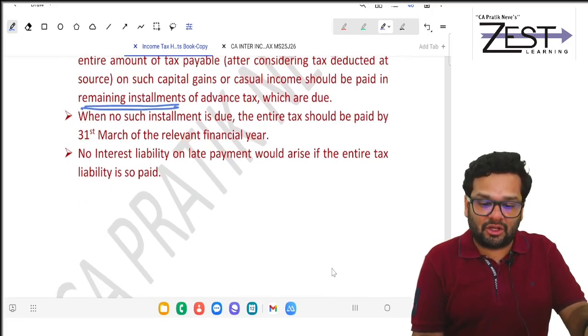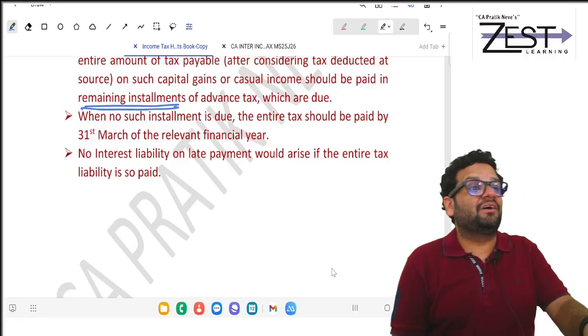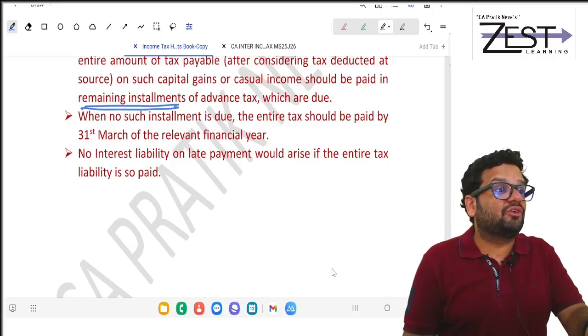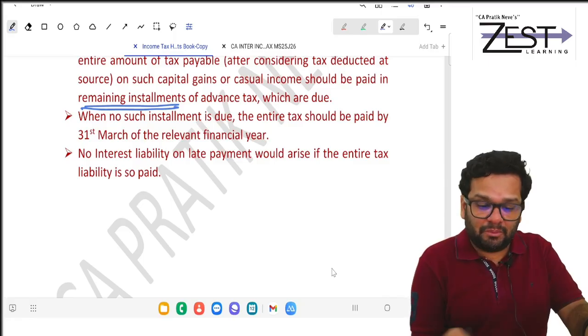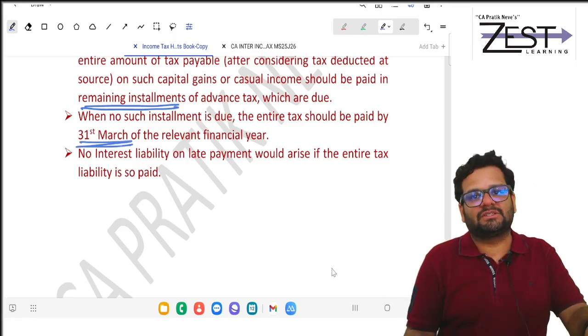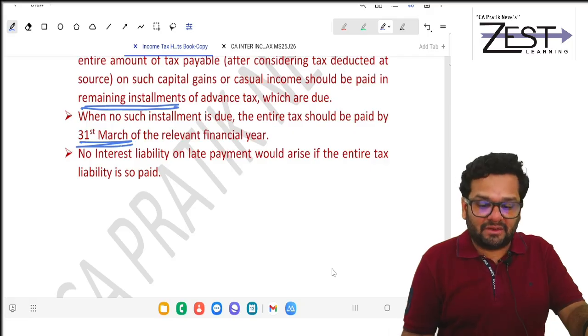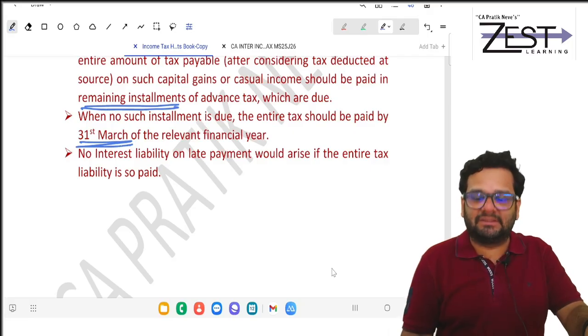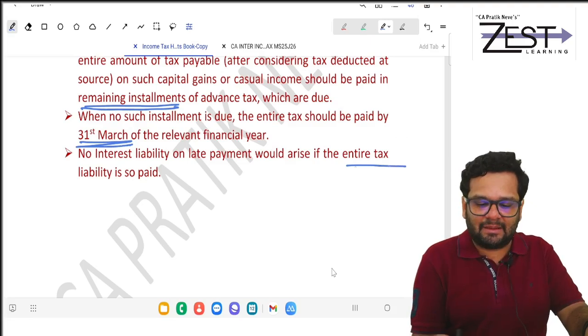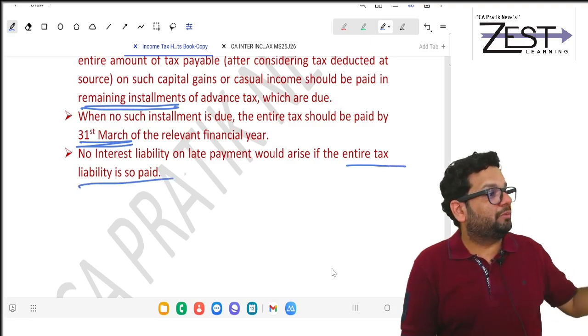Where no such installment is due because you are earning after 15th of March, then you will pay by 31st. And no interest liability on late payment would arise if entire tax liability is so paid. So paid means in this fashion.